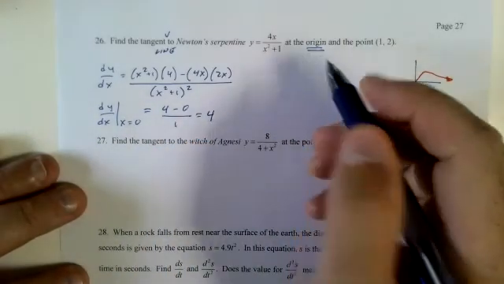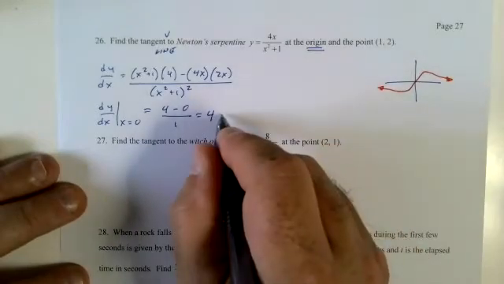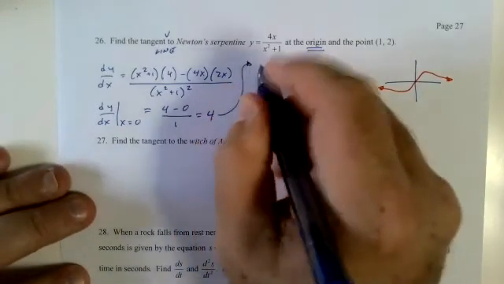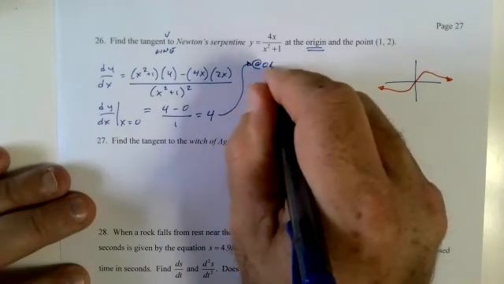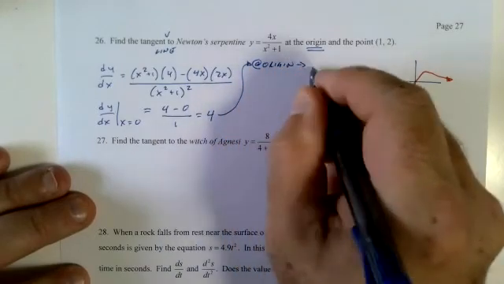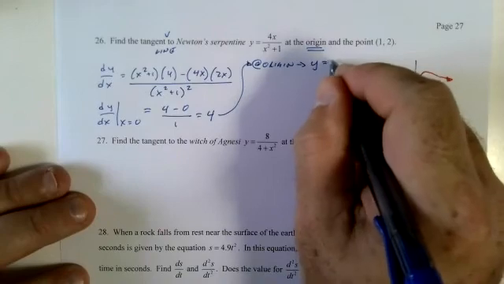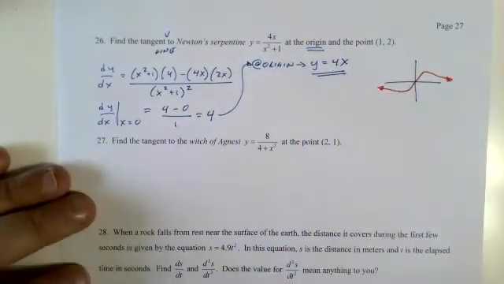Okay, it's at the origin, so y minus 0 equals 4x minus 0, so y equals 4x.